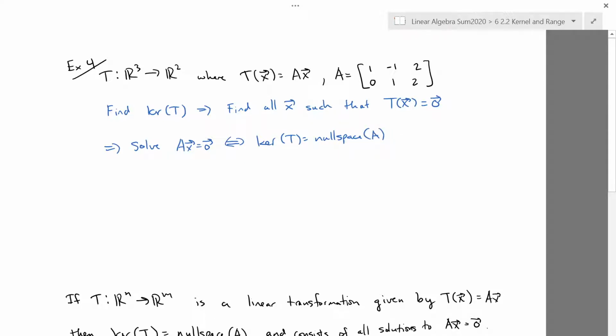Okay, so basically this problem just boils down to figuring out what the null space of this matrix is, right? So we're just solving Ax equals 0, so we can set up the augmented matrix.